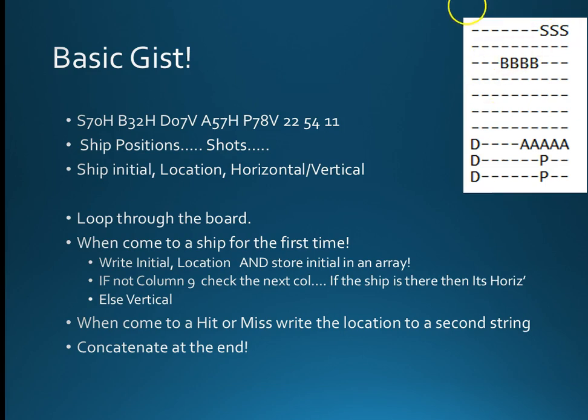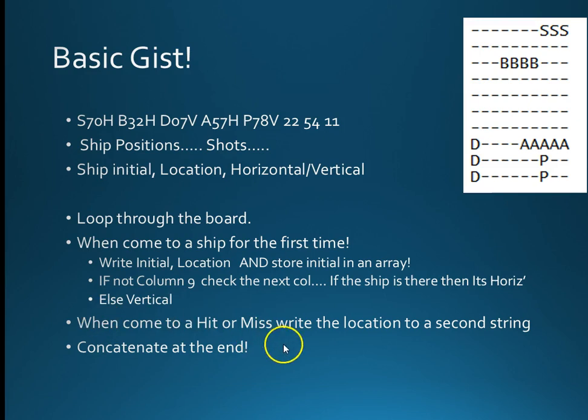So I need to make sure I'm only going to perform that check if we're not in this end column. If I'm in this end column and I'm seeing a ship for the first time, it must be vertical. Okay, hopefully all that logic makes sense.